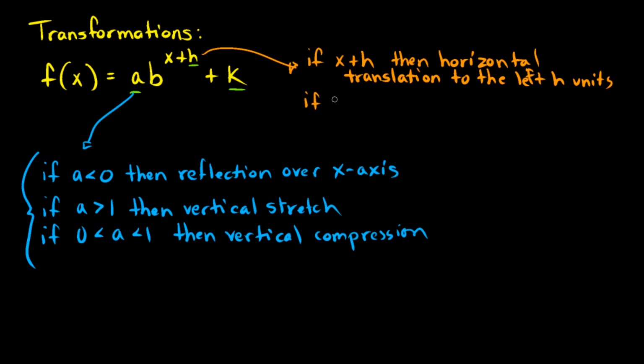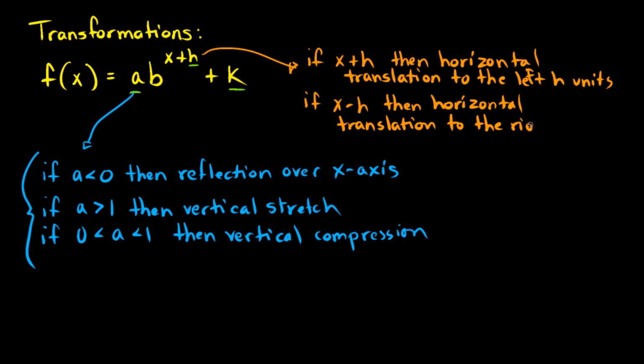If you see x minus a value, then you're going to have a horizontal translation to the right h units.